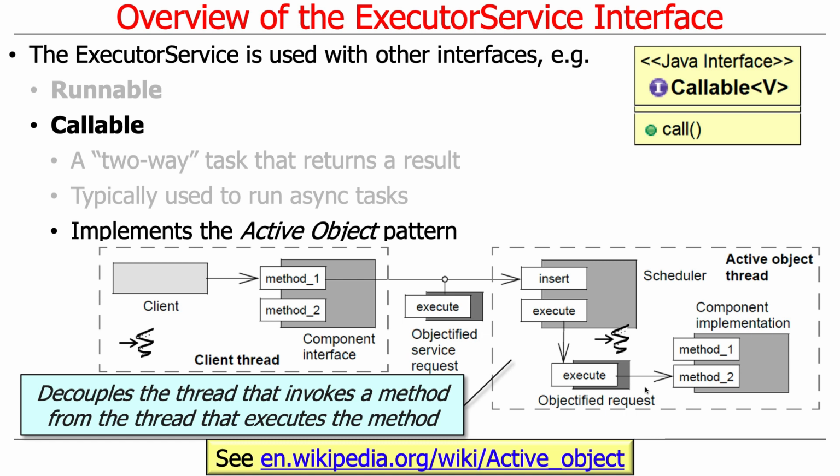This is a very popular pattern. You see this in a lot of frameworks and toolkits like Akka, which are based on the so-called actor model. The actor model implements the active object pattern. Very popular pattern, and it appeared in the POSA2 book. You can take a look here for more information about that.